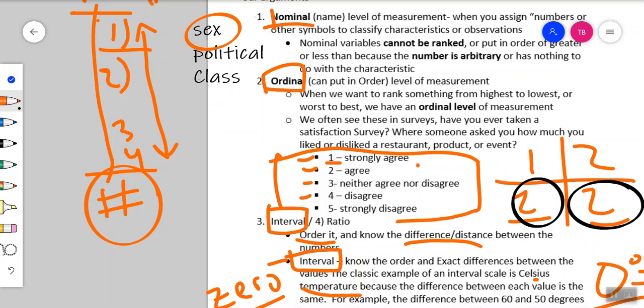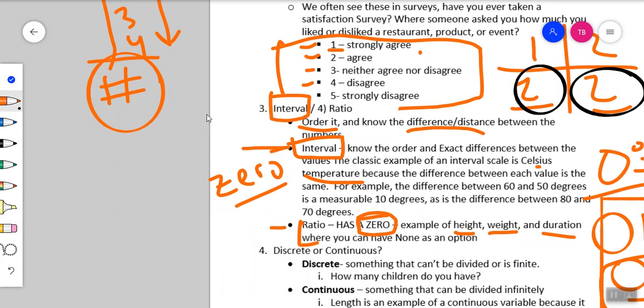However, you can't really tell the difference between strongly agree versus agree, so it's not as precise as interval or ratio. Whereas with ratio and interval, you could tell the difference between 1 degree and 2 degrees in temperature, and between 1 pound and 2 pounds. There's exactly 1 pound difference. However, 0 is the difference between these two: 0 in interval is one thing, and 0 in ratio makes actual sense.